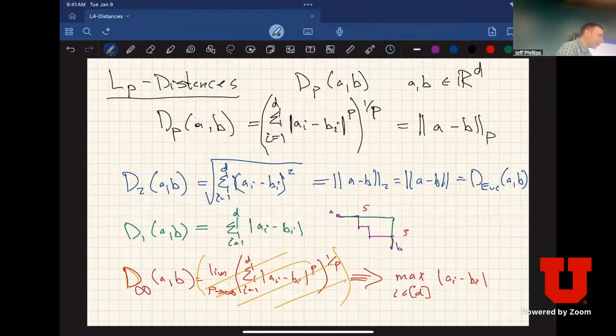So we're actually going to just define the d infinity distance as the max here. This will be the infinity norm, and this also makes sense as a distance. I can define it for any value p, but in the limit it approaches the max unless there are ties in coordinates, these fairly rare cases.